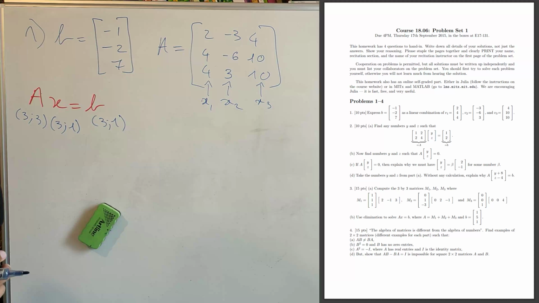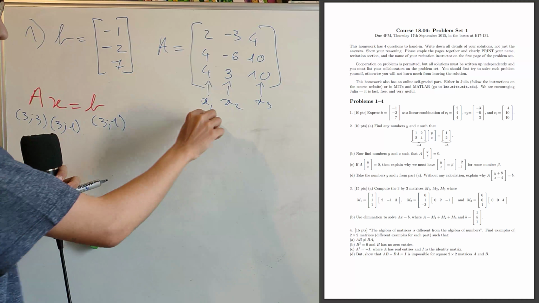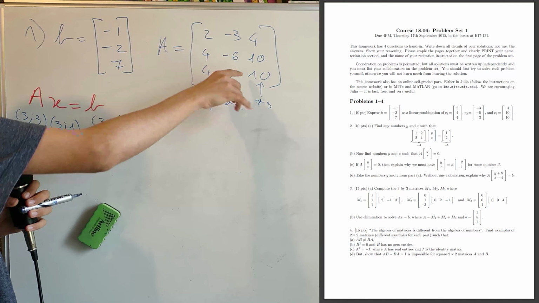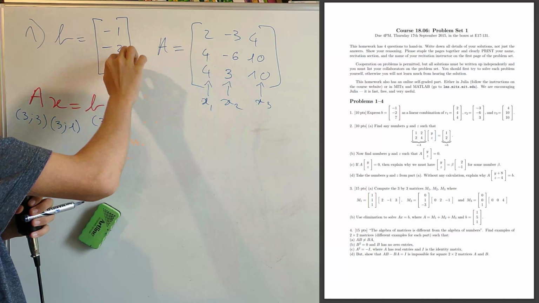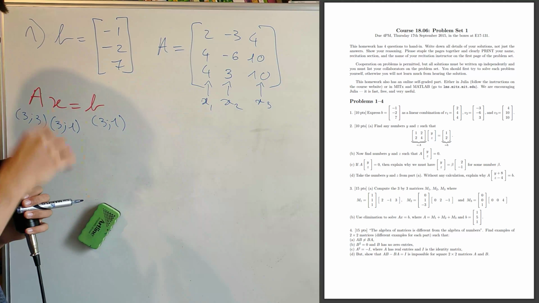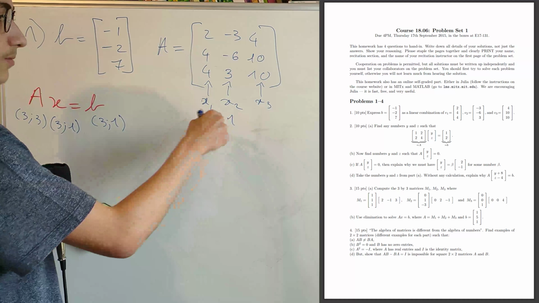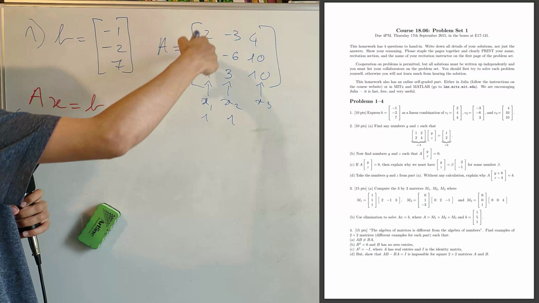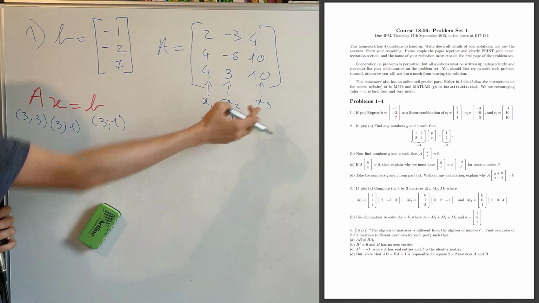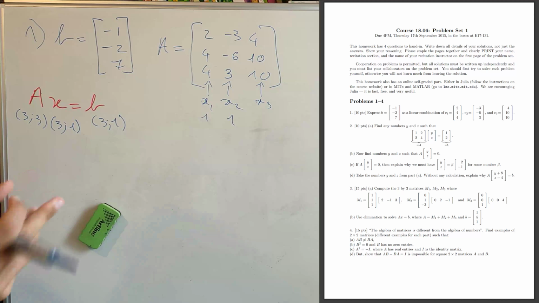And if we just add x1 and x2, we have minus 3 plus 2, which is minus 1, minus 6 plus 4, which is minus 2, and 3 plus 4, which is 7. So x1 needs to be 1 and x2 needs to be 1, because we multiply 1 by each of the numbers here. x3 needs to be 0, because if it's something else than 0, we'll have other values here.